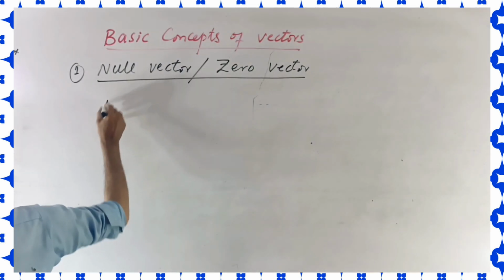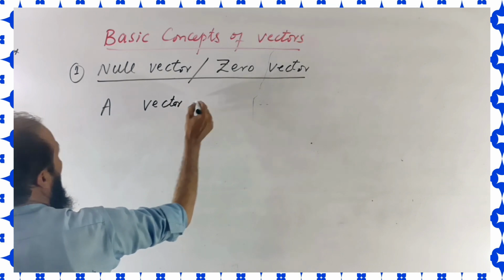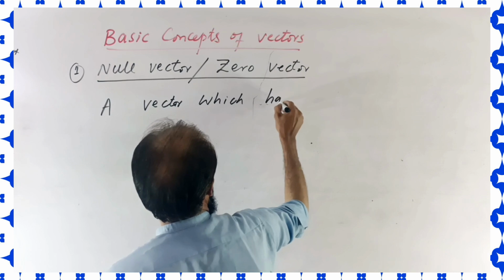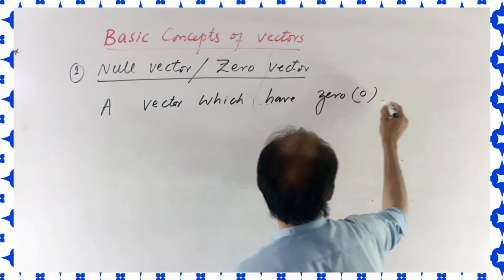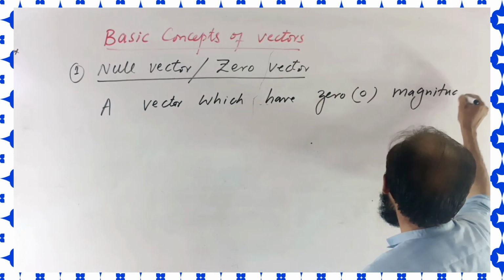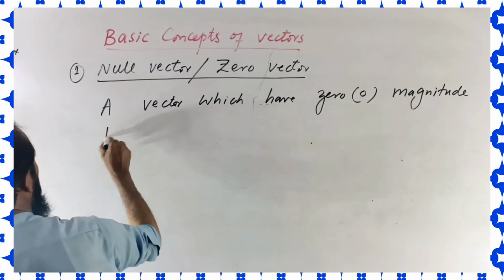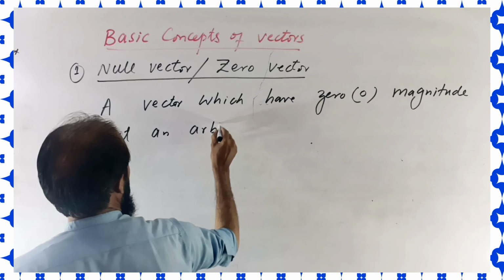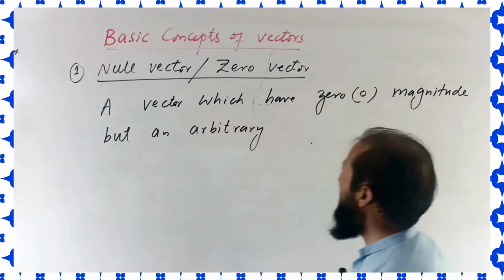We can say that a vector which has zero magnitude but arbitrary direction is called a null vector or zero vector.